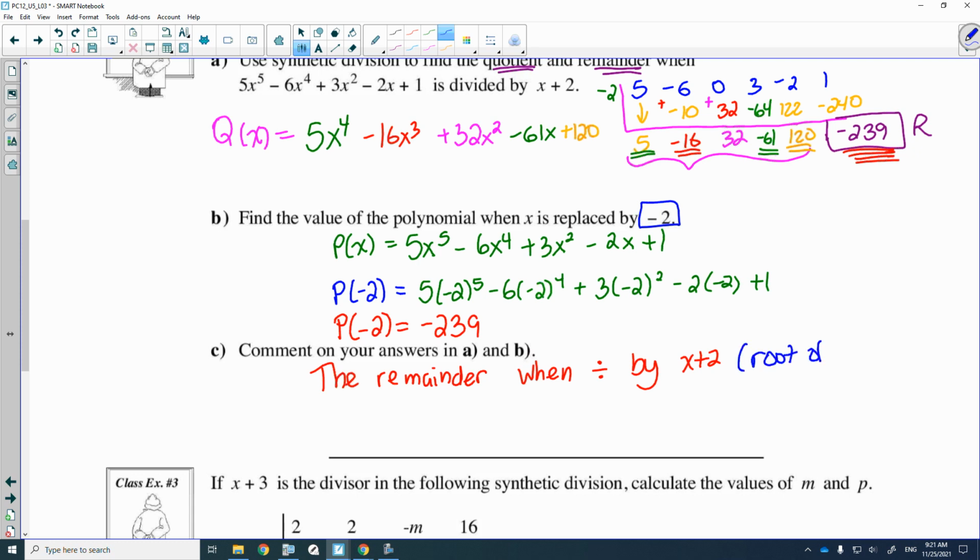So the remainder when dividing by x plus 2 is going to be the exact same value, the exact value of p of -2. Just inputting that root into your polynomial, you're going to get the same answer whether you do synthetic division or whether you input the root into your polynomial.